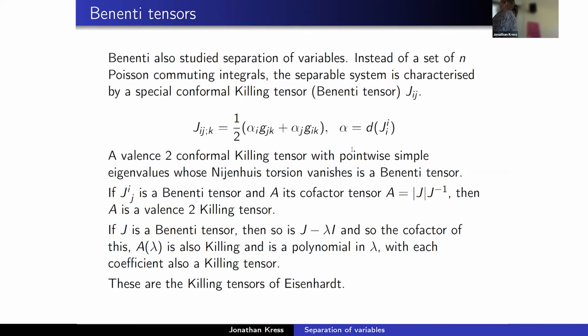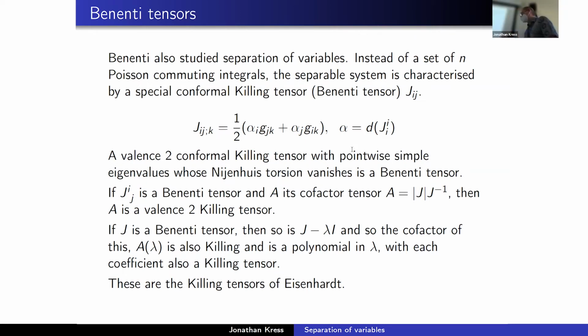Okay. Now, what was the significance of the Benenti tensor? Why did Benenti like it? Here you've got both indices down, but of course we've got the metric, so you can raise it to a 1-1 tensor, and then it can be an endomorphism on vector fields, so you can think of it just as a linear map.